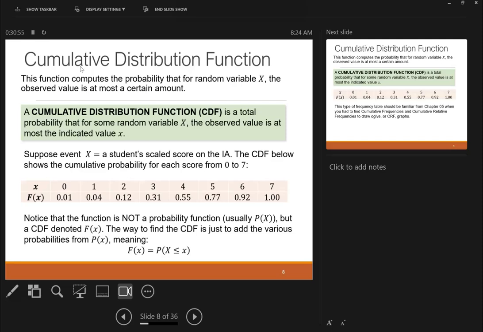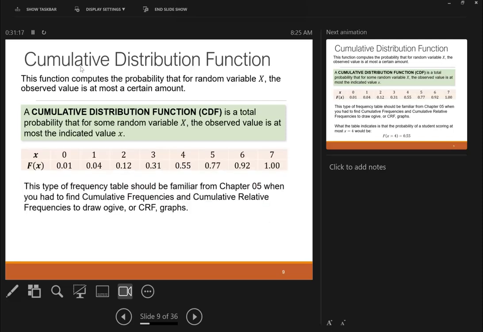Okay, so again, we've said this earlier, it's now written down, that a CDF is the probability that x is less than or equal to some specified value. Is that okay? Okay. And this should look a little bit familiar because way back in chapter 5, we talked about cumulative frequencies and cumulative relative frequencies.